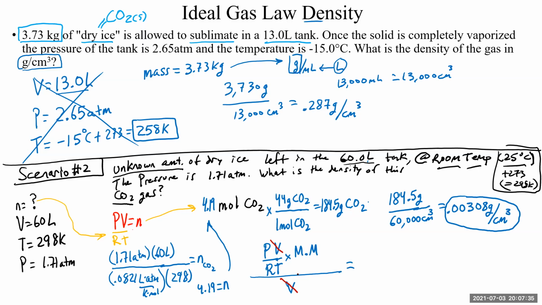And if you look at the units, it does actually work out that way. The units of R are liter atmospheres per kelvin mole. The kelvins cancel out. You end up with moles, but the units of molar mass are grams per mole. So if you work out all the units, you end up with pressure units, atmospheres, times grams over moles. Well, the moles are going to cancel out because you're going to have the R value.